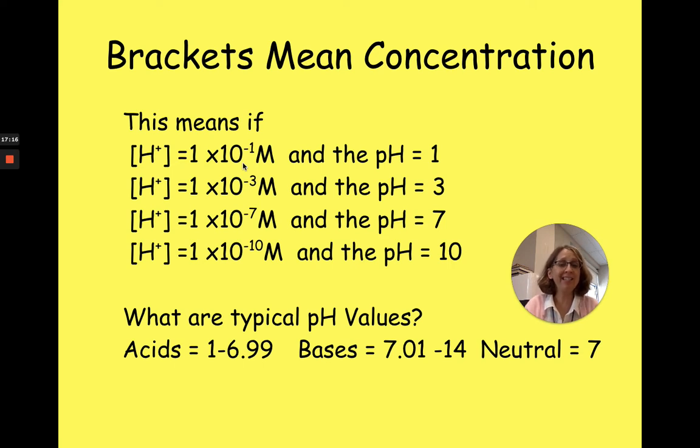And things that are acidic have lots of hydrogen ion in them. So that would be pH 1. Bases tend to have very little hydrogen ion, and so their pH values tend to go from 7.01 to 14, and then neutral has this number that I'm going to explain in just a minute, of 7.